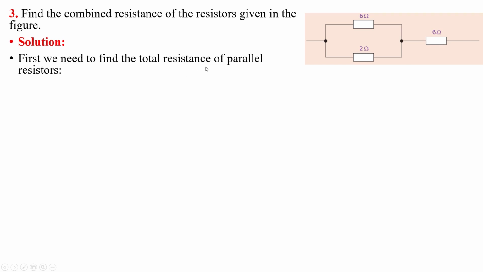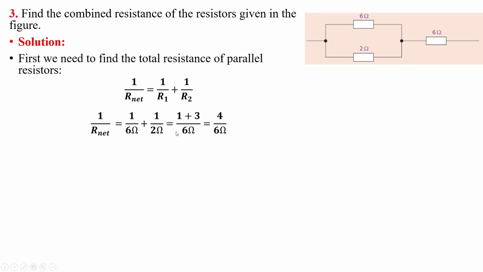So first we find the total resistance of the parallel resistors through this equation. Put in the values, take the LCM, and 1 over total resistance is equal to 2 over 3. After cross multiplication, we get the total resistance to be 1.5 ohm.